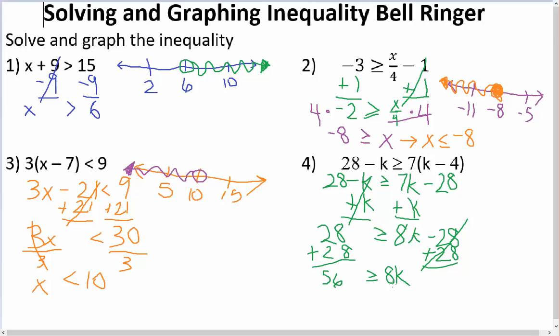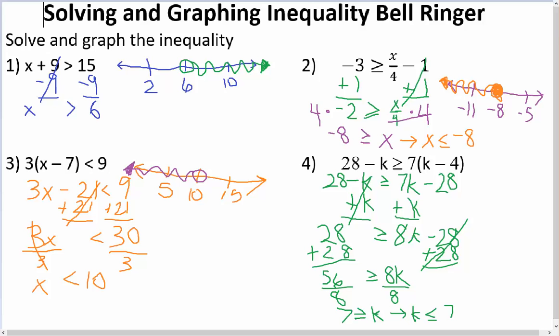And finally, we're going to divide by our coefficient to cancel it out. And we're left with 7 is greater than or equal to k, which of course we can rewrite as k is less than or equal to 7.